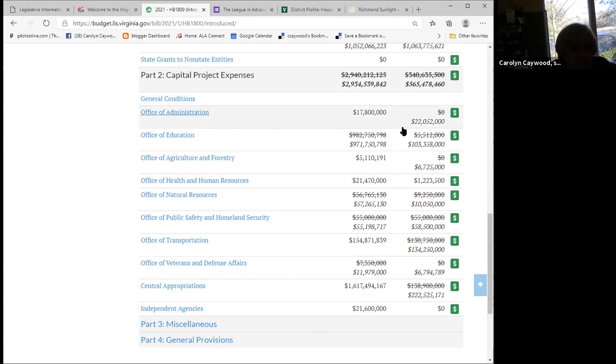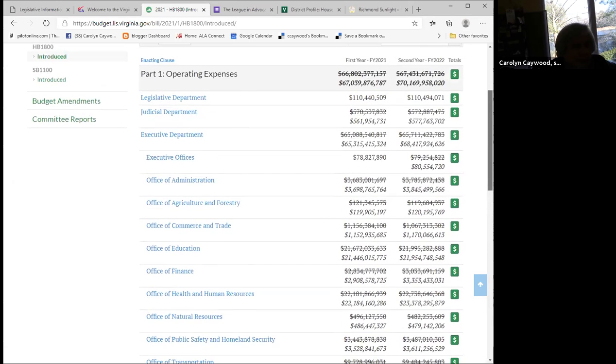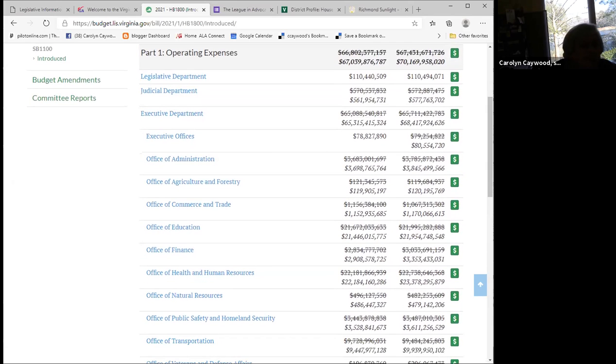And you can see that there's already been a lot of changes from where they were. Operating is salaries and consumable stuff and services.